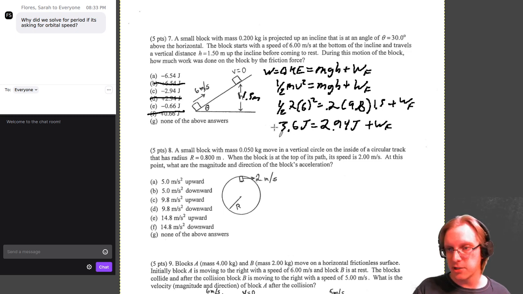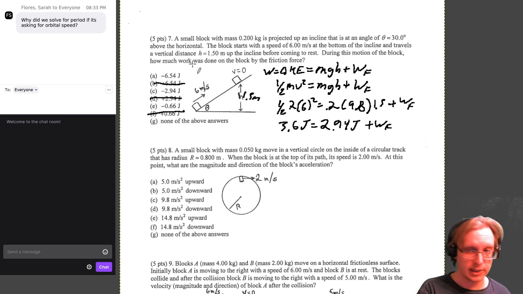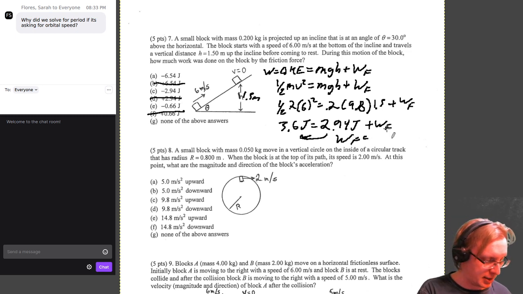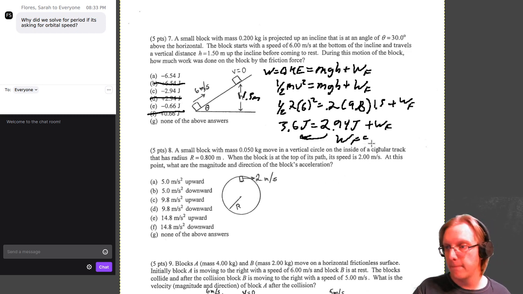I'll wager if I add these together, I'll get 6.54. 3.6 plus 2.94. Yep. And so this is the number you get when you do a sign error. So you subtract this to the other side, and we find that work of friction is equal to the difference, and I'll bet you that's 0.66. Bingo. 0.66 joules.